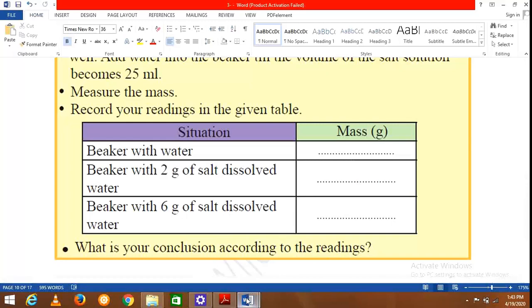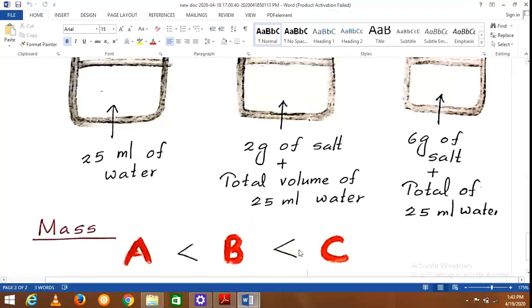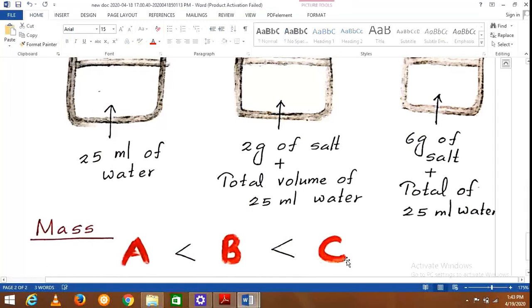So there you will be able to find that the mass of C is the highest. C is the one in which 6 grams of salt was dissolved, and B has a less mass when compared to C, and A has the lowest mass where there was no salt, there was only fresh water.